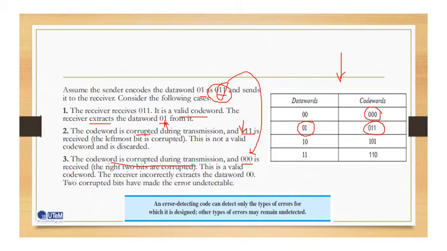So the receiver incorrectly extracts the data word, because once it accepts the code word, it will extract to get the data word, the original message. So the receiver has incorrectly extracted the wrong data word, because two corrupted bits have made the error undetectable.